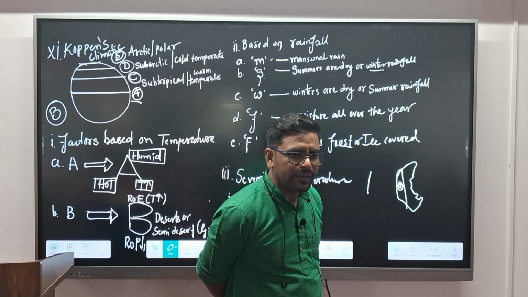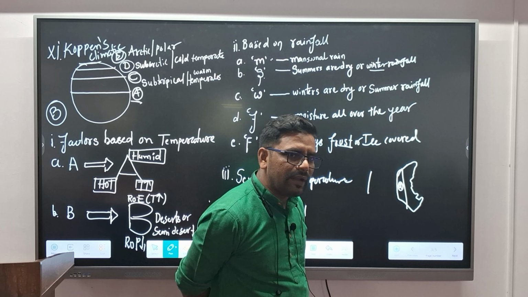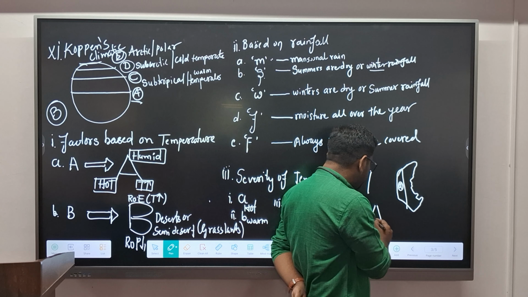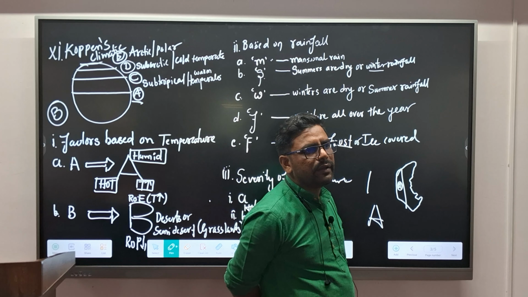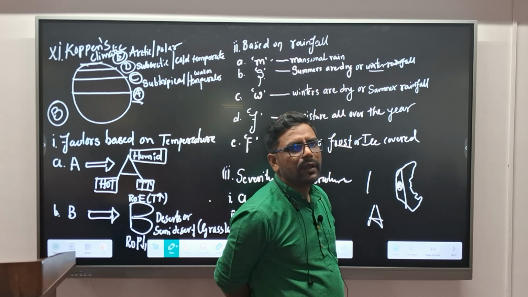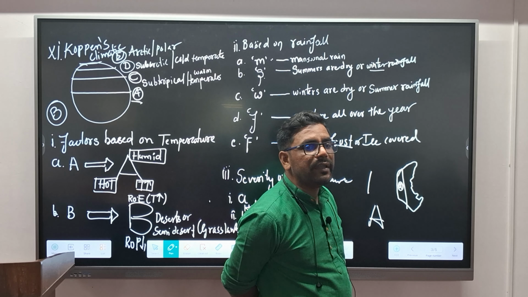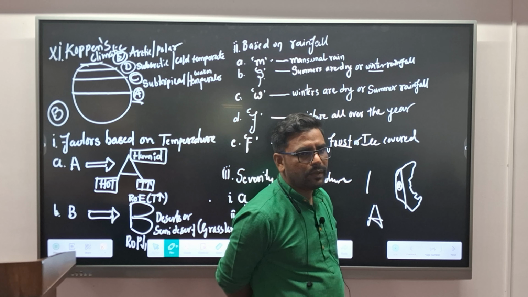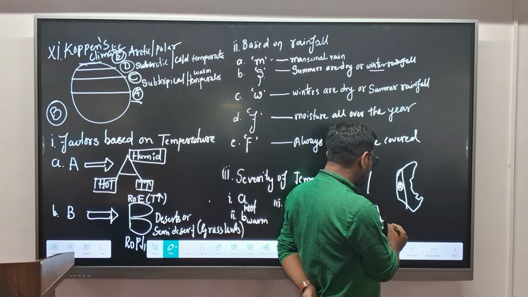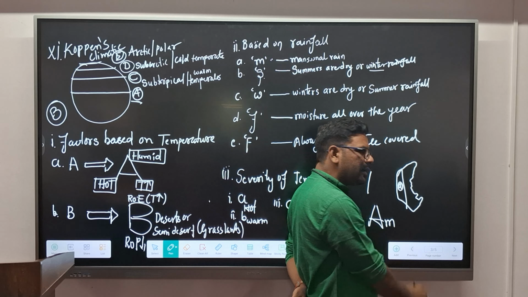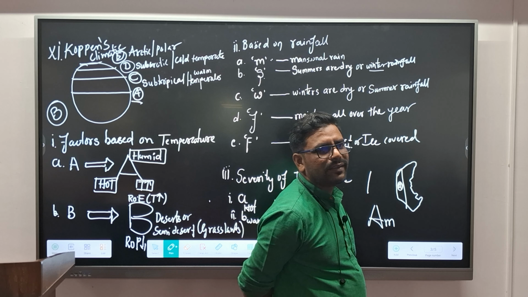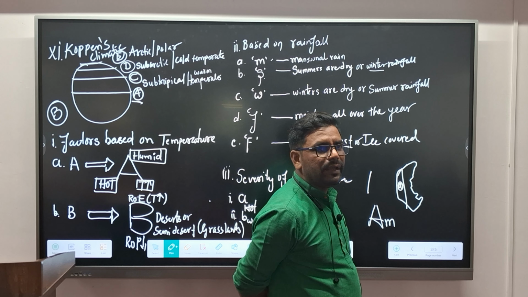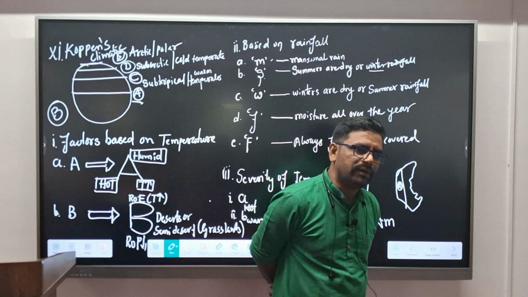D cannot be either. So the left out option is A, and I can write capital A. Now tell me, this area receives highest rainfall from the monsoon. Monsoon means what can I write? M. So AM.